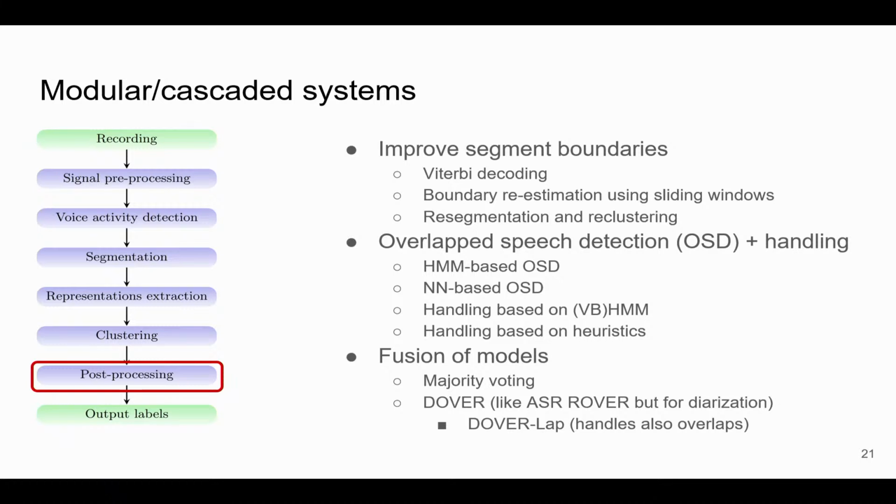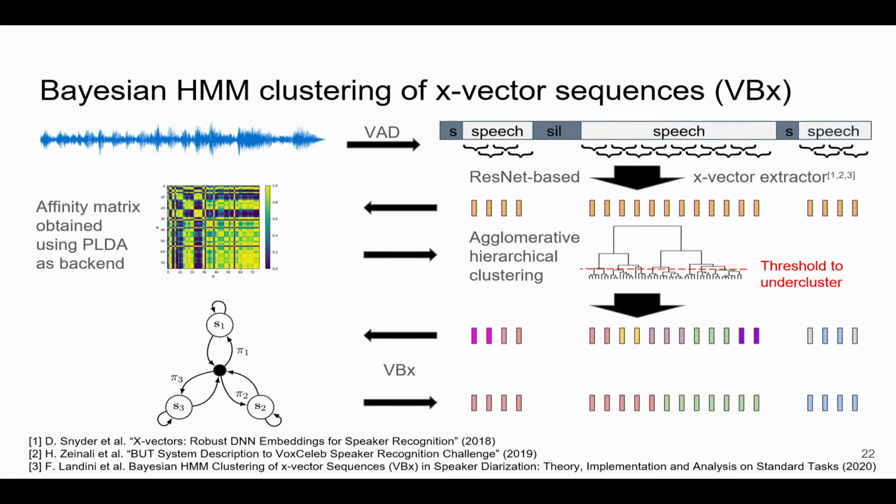Or something a bit more difficult, but at the same time more effective, like DOVER, which is kind of an extension of fusion for ASR, adapted to diarization, or the overlap, where you also handle the overlaps. And this eventually provides gains. So this is the kind of landscape for how modular systems work.